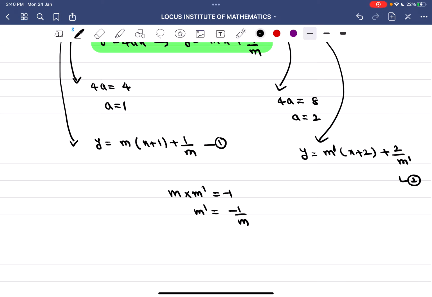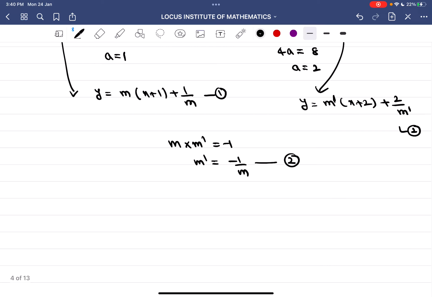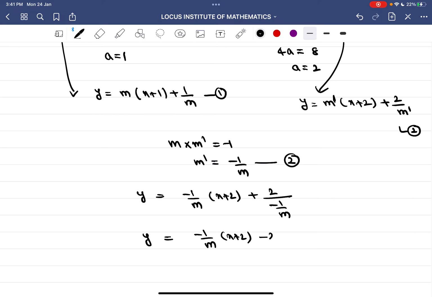Now you put m prime equal to minus 1 over m in the second equation, that is the second tangent. So now the second equation becomes y = (−1/m)(x + 2) + 2/(−1/m), which is equal to −(1/m)x + 2 − 2m. Call this equation number 3.